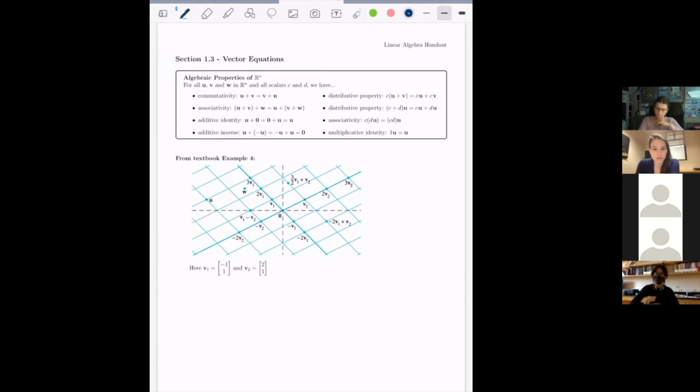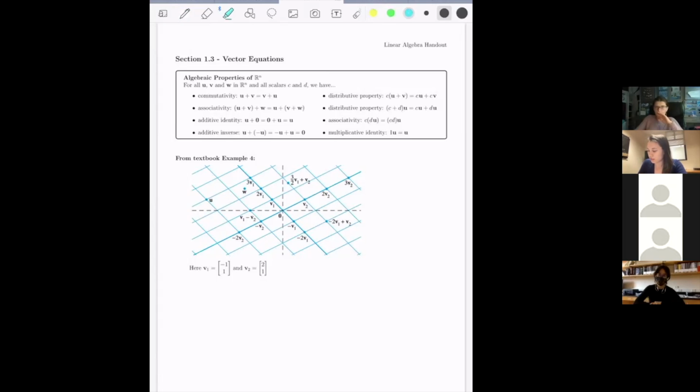Now, referring to the second part, I took this picture from example 4 in the textbook. You may have seen this already, but I think it's a really good visualization. It's a really nice way of thinking about linear combinations and what you can get out of them.